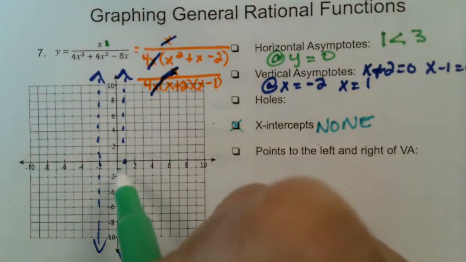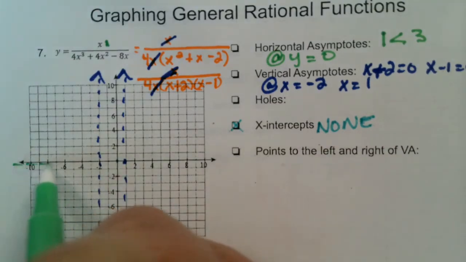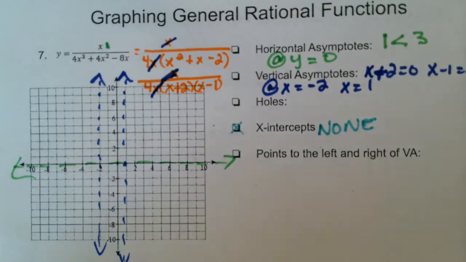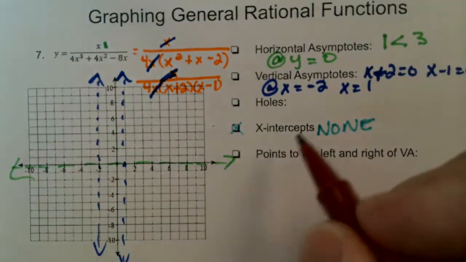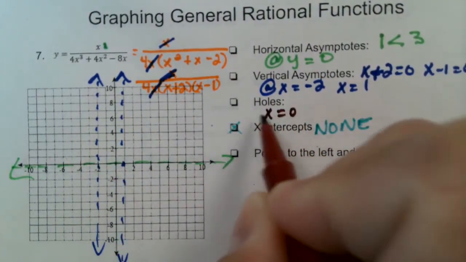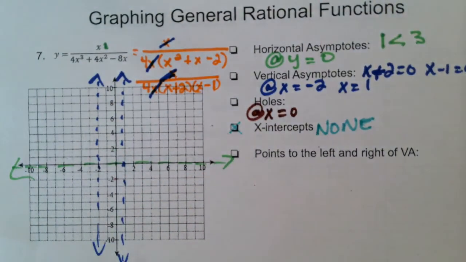Okay, so y equals 0 is the x-axis, so I will draw my invisible line there. Again, we have 6 sections that we have to find places for. Let's find our hole. Our hole was right here at x equals 0, so on the y-axis, I'm going to have a hole somewhere.